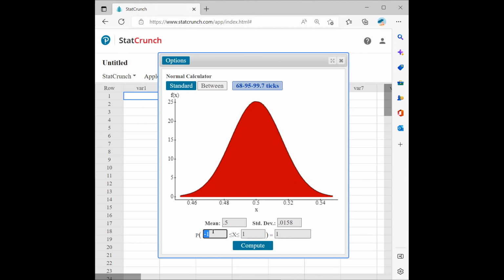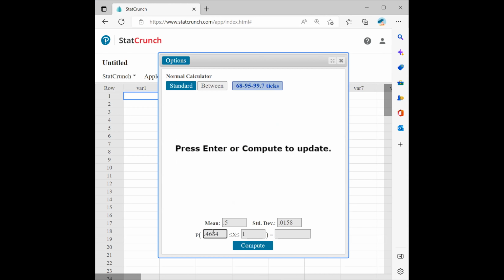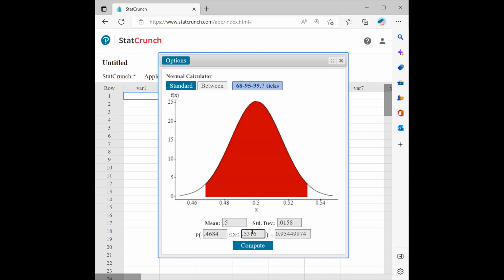So what did we end up with? We ended up with 0.4684 and 0.5316. All right, and we got 95.449974. All right, so what is that saying?